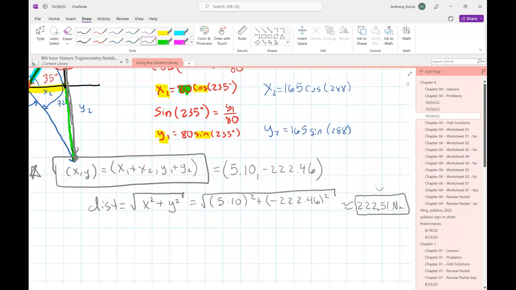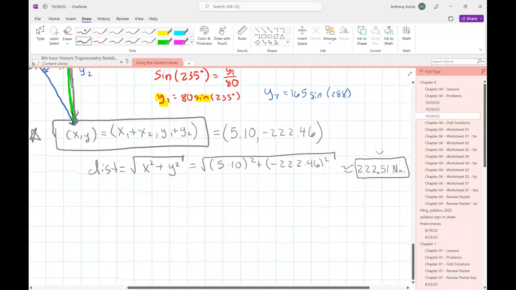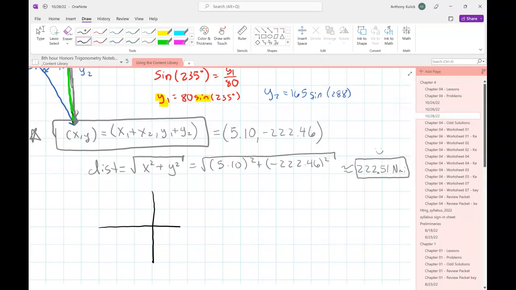What was the other piece that it asked for, though? Also wanted the bearing. Is this going to be a long, drawn-out process to get the bearing? No way, man. Not a big deal. All I'm going to do is plot my point x, y. So I'm going to go 5 over and like negative 200 down.